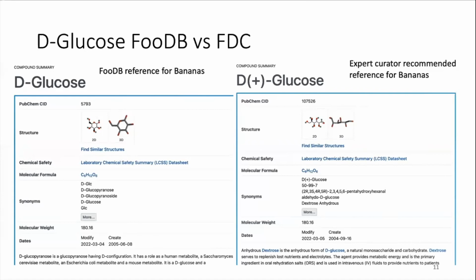As you can see, the PubChem ID mapped on FooDB and the PubChem ID suggested by our domain experts are different. Again, I'm not trying to say that one is better than the other or that you should prefer one over the other. I'm just trying to point out the differences, which lead to ambiguity and might possibly lead to different analysis downstream when you try to analyze this using different data sources.